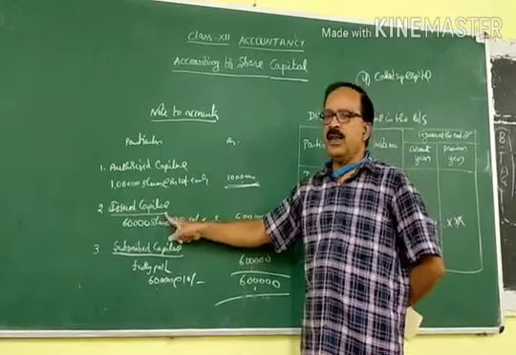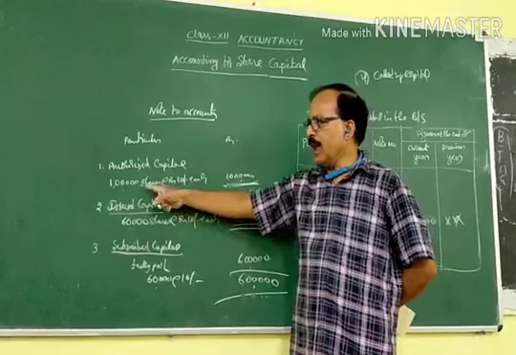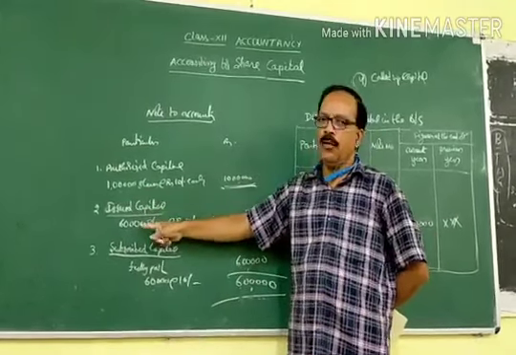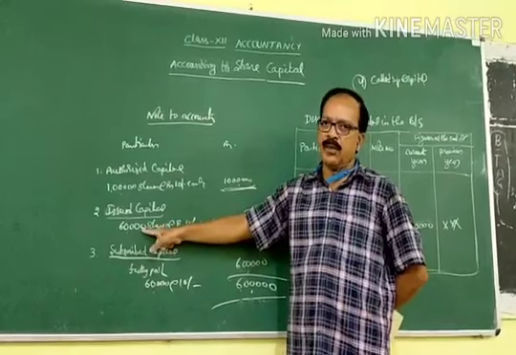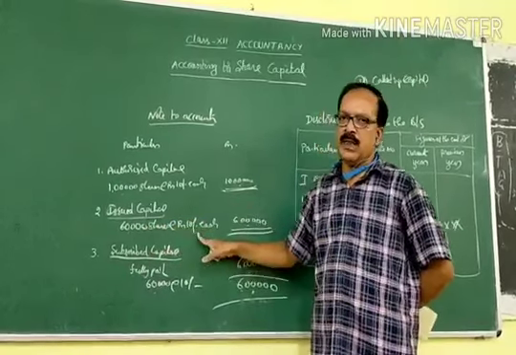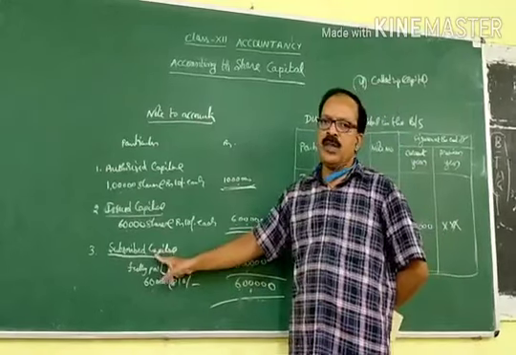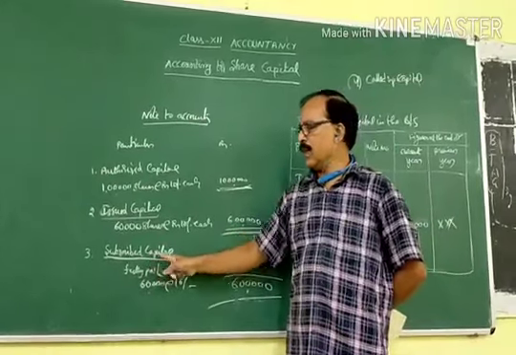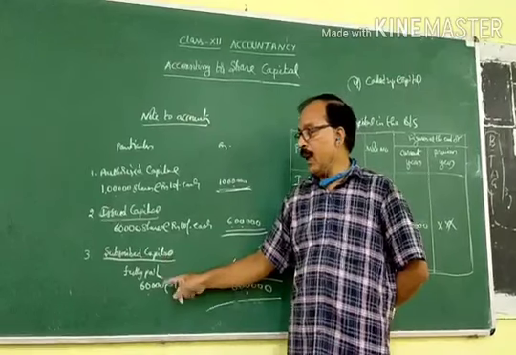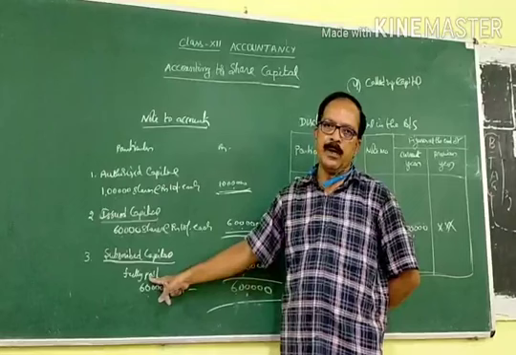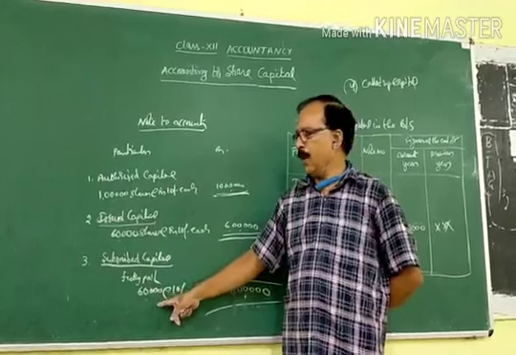Then the second one is issued capital. Of course, the company has the power to issue 1 lakh shares, but the company is issuing only 60,000 shares right now. 60,000 shares at the rate of ₹10, that is 6 lakhs. Now, the third point, which is very important, is subscribed capital. Subscribed capital is again divided into two ways: subscribed and fully paid up, and subscribed but not fully paid.